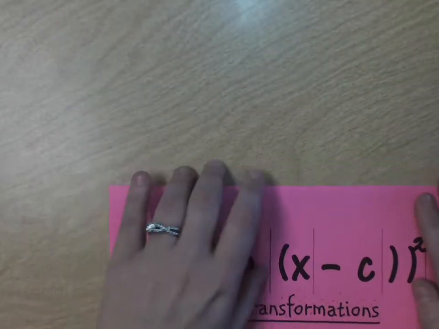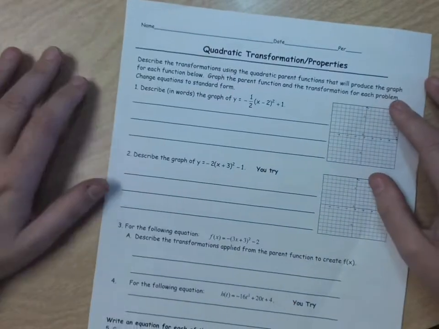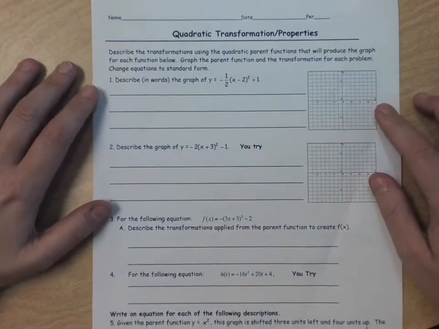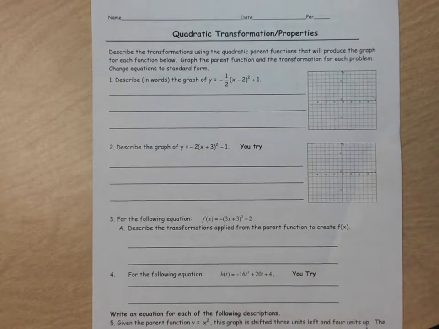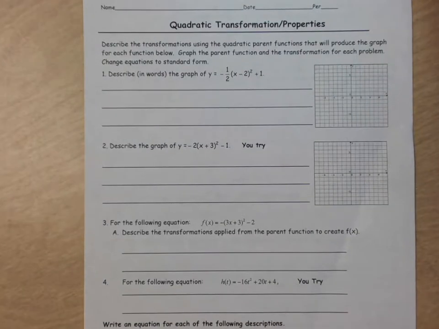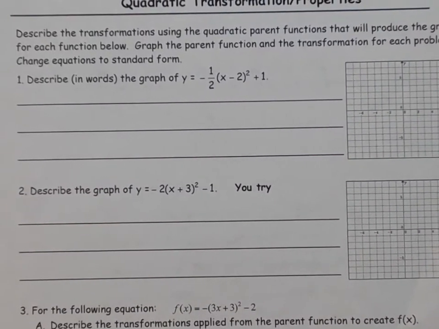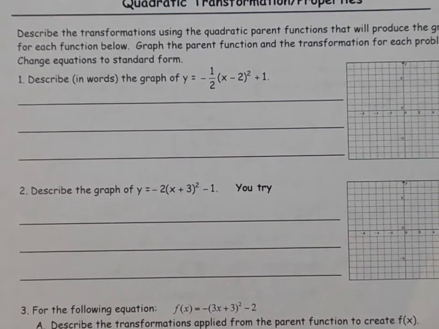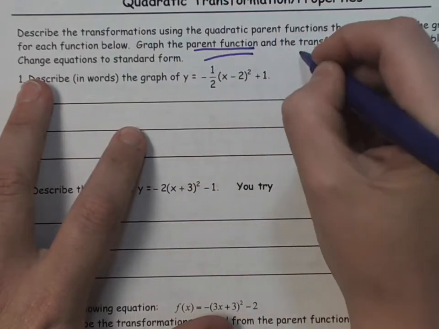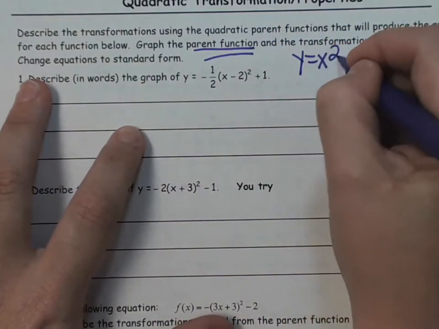So let's do some examples, because the best way to do these problems is to put them in the calculator. That is the best way to do it. Now when I'm talking about the parent function, it is the basic function or basic graph of what we're talking about. So if I say the parent function of a quadratic, that is y equals x squared.